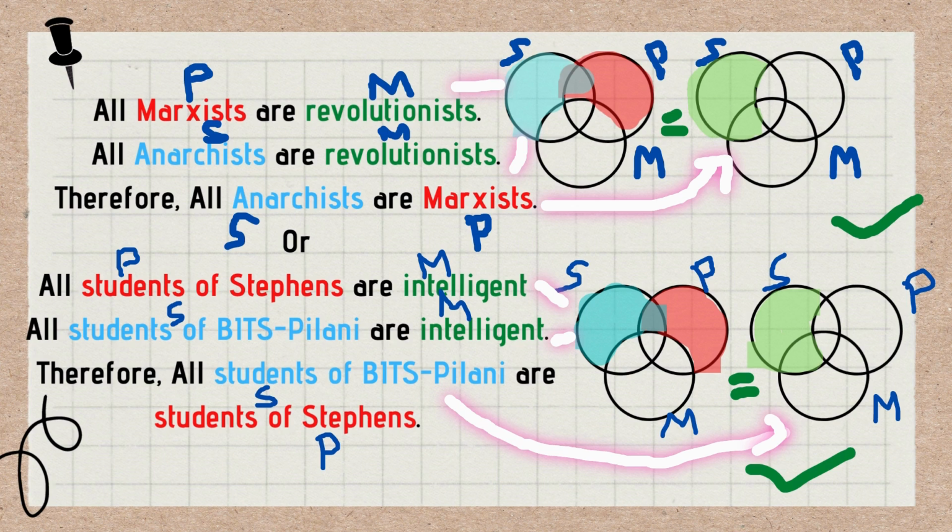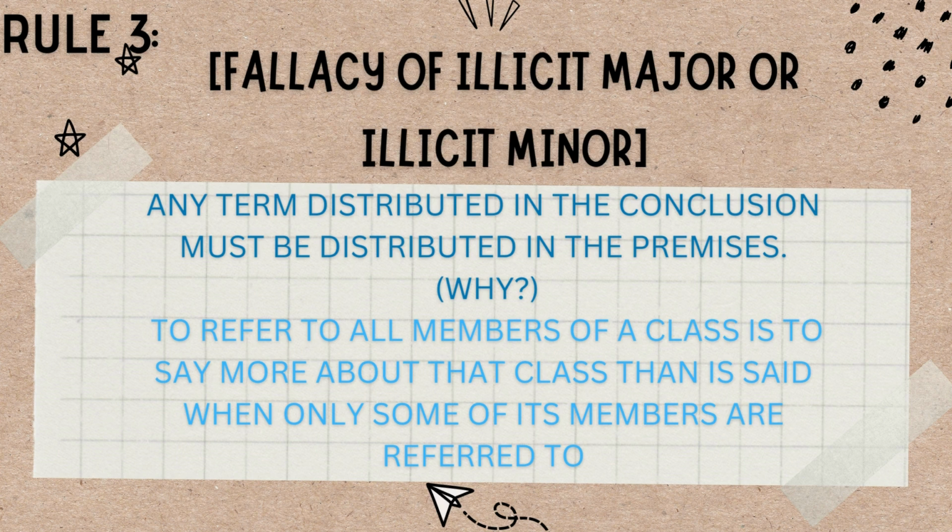So let's see rule number 3: fallacy of illicit major or illicit minor. What was this fallacy about? Any term distributed in the conclusion must be distributed in the premises. But why? To refer to all members of a class says more about that class than is said when only some of its members are referred to.